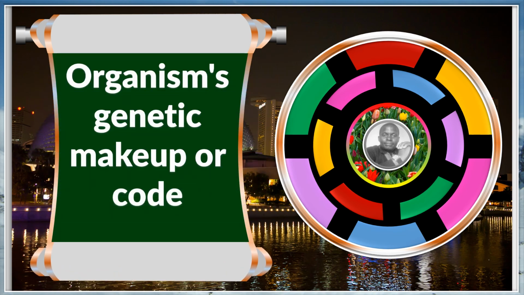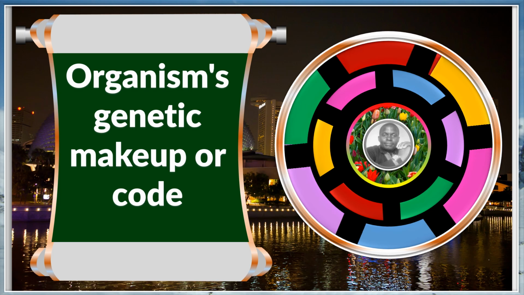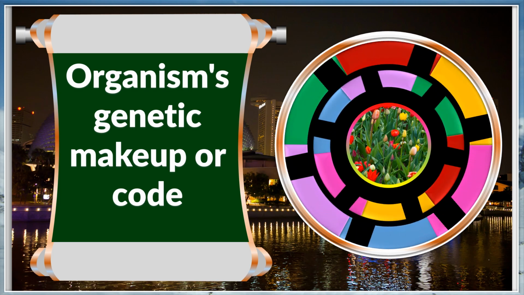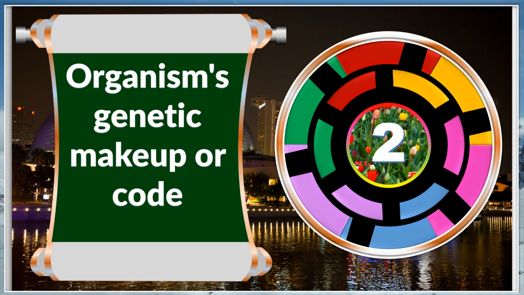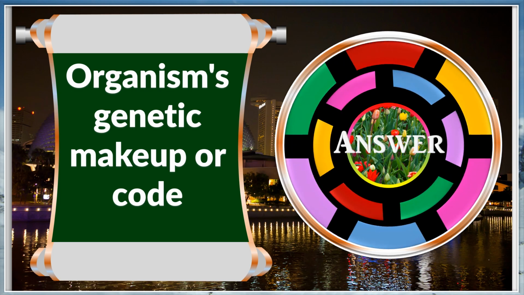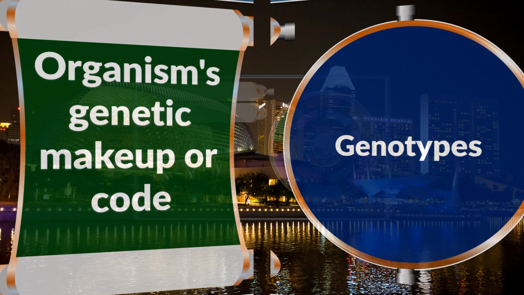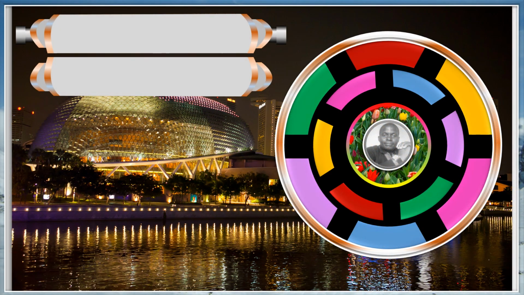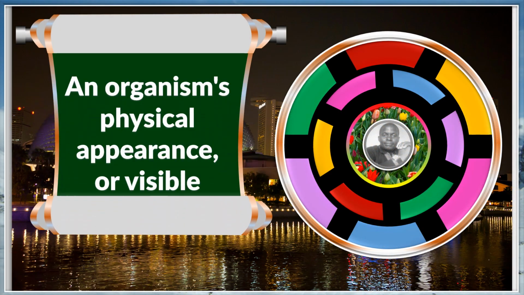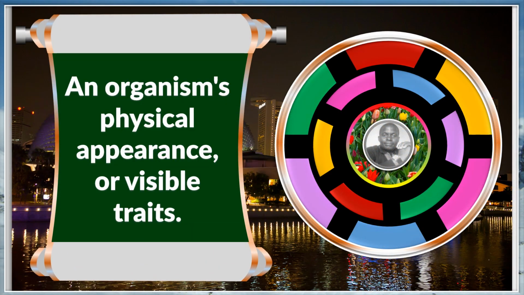An organism's genetic makeup or code. Genotypes. An organism's physical appearance or visible traits.